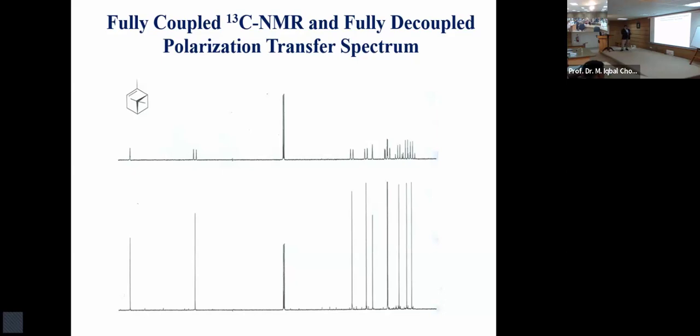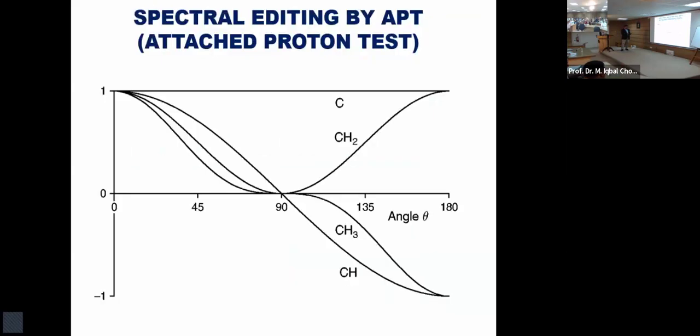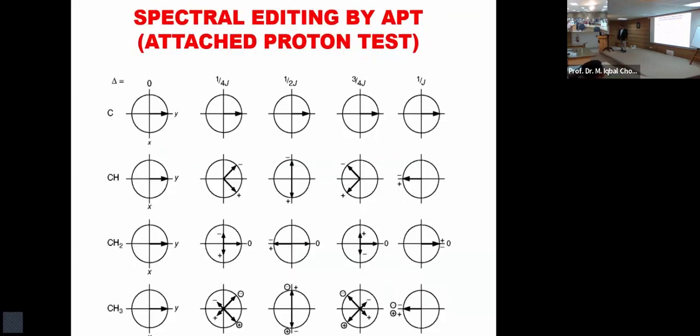And then somebody said, why don't we just do something really different? An absolutely brand new concept was developed, and it was a very simple one. CH3 will split into a quartet, CH2 into a triplet, CH into a doublet.